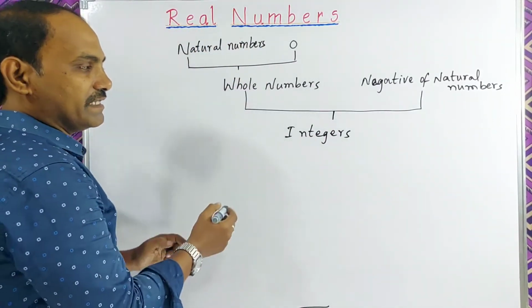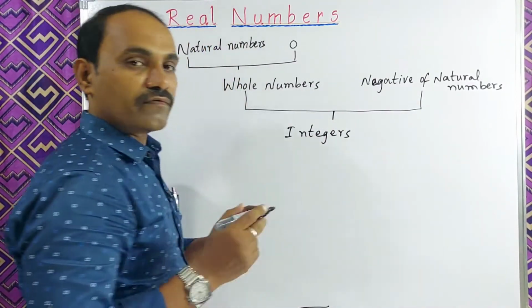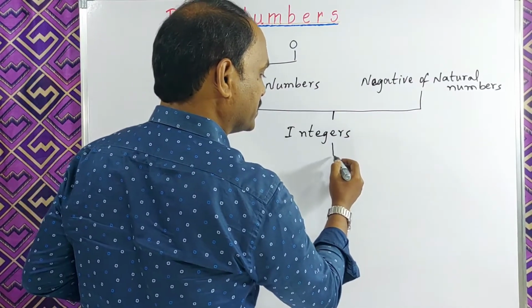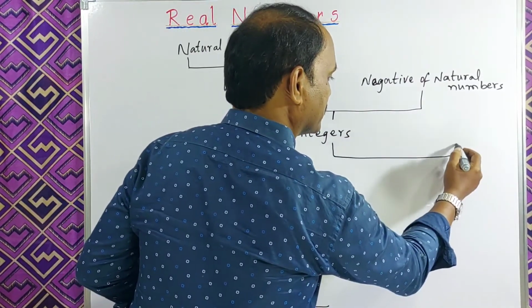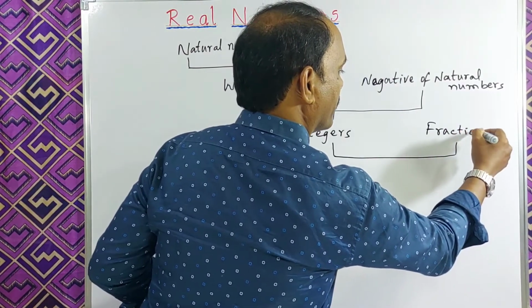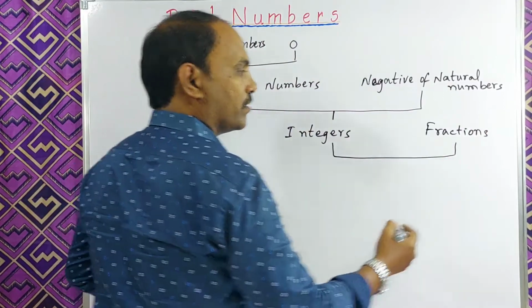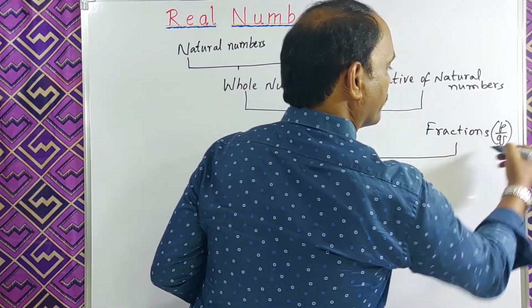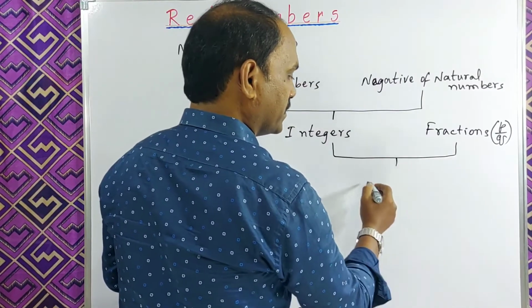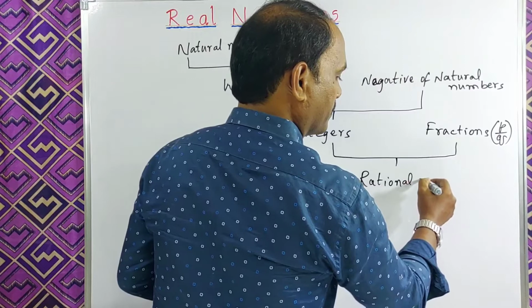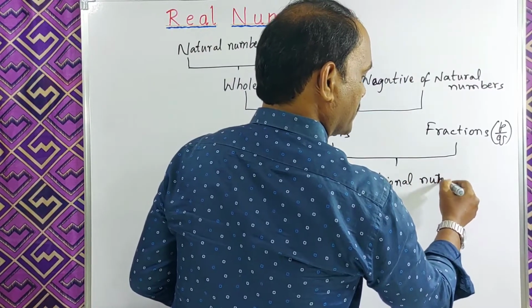Now integers along with the fractions, the p by q form numbers, are rational numbers.